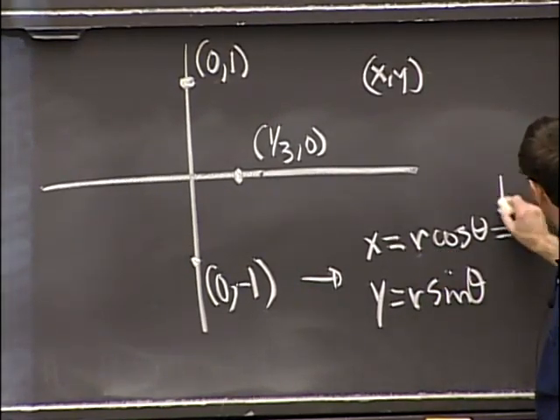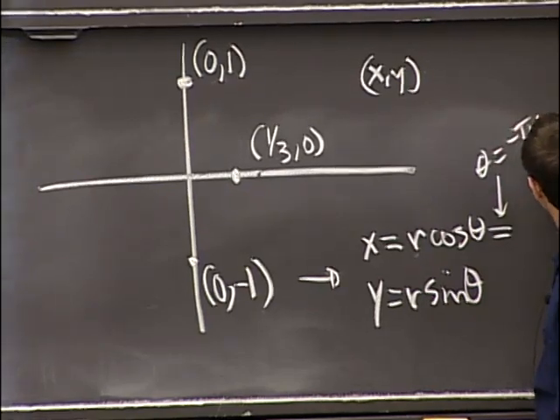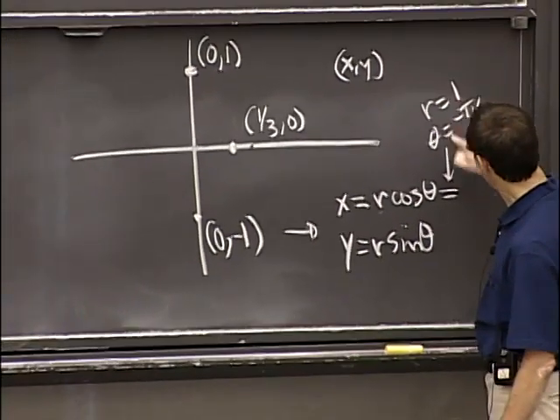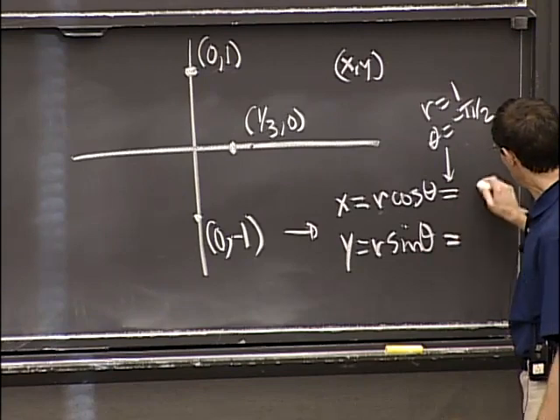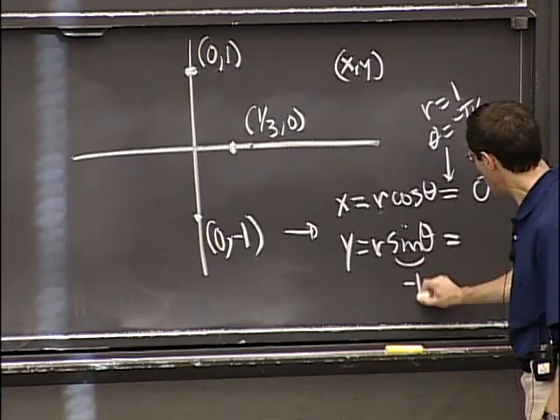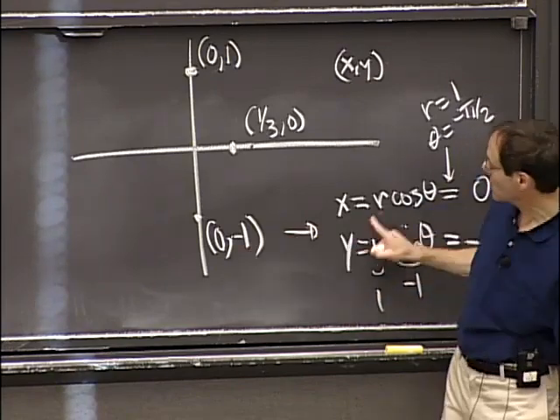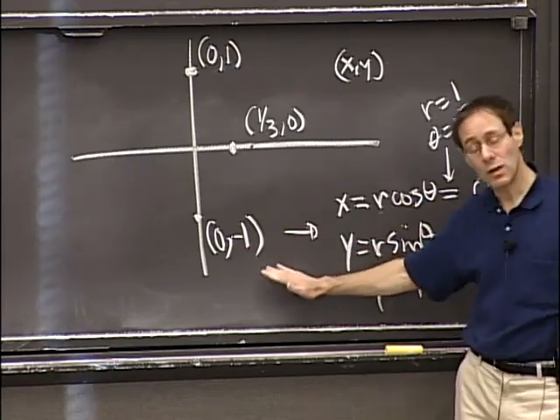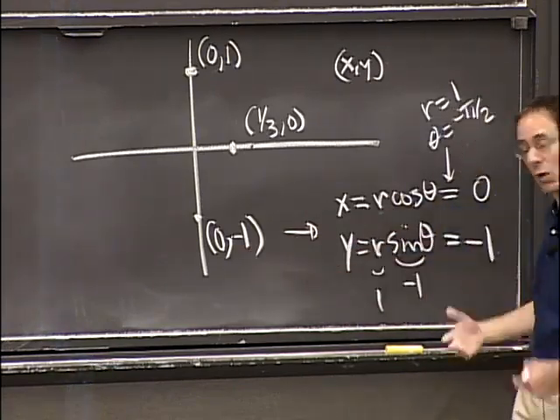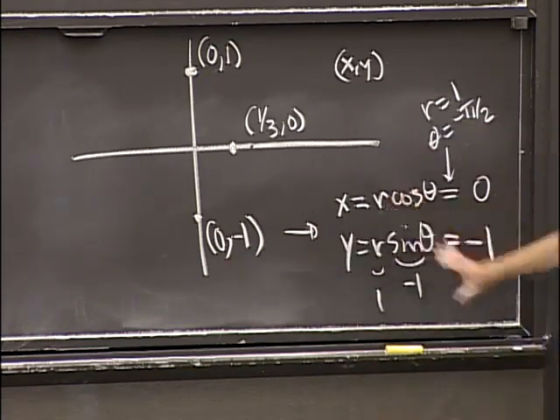So you plug in theta equals minus pi over 2, and r equals 1. And lo and behold, you get 0 here, and here you get minus 1, and here you get 1. So this is minus 1. All right, so this is an example. I did it purely visually or sort of organically, but you can also do it by plugging in the numbers.